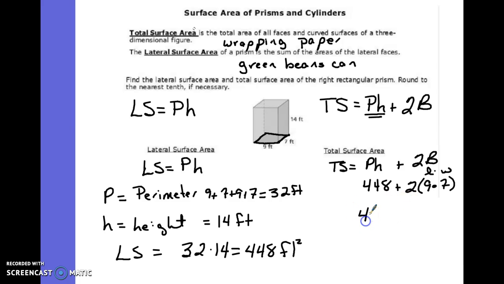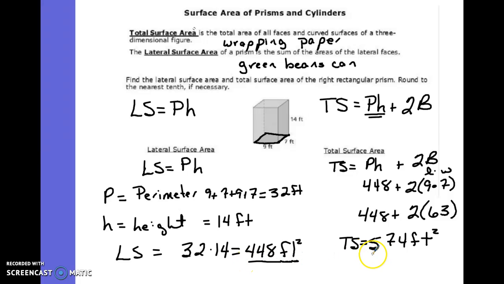So this is going to give us 448 plus 2 times 63. You can put all this in your calculator, and you're going to get 574. And again, it's area, so it's going to be feet squared. So here is my lateral surface area and my total surface area.